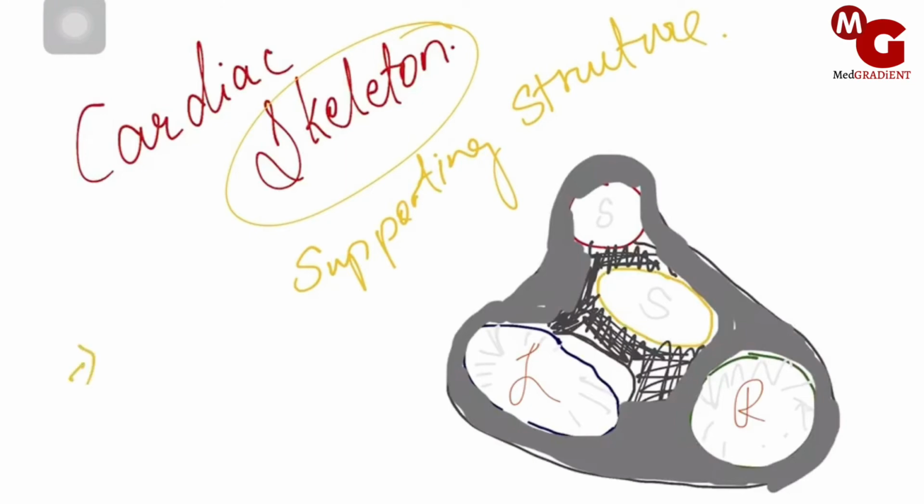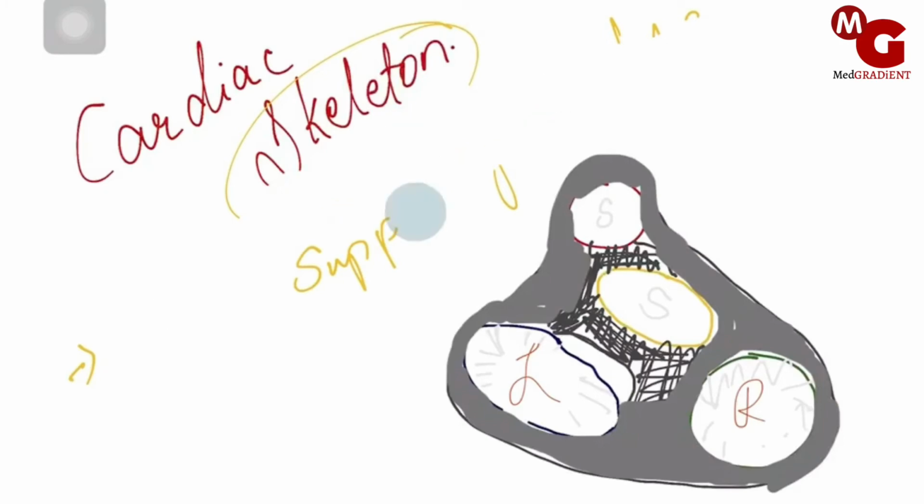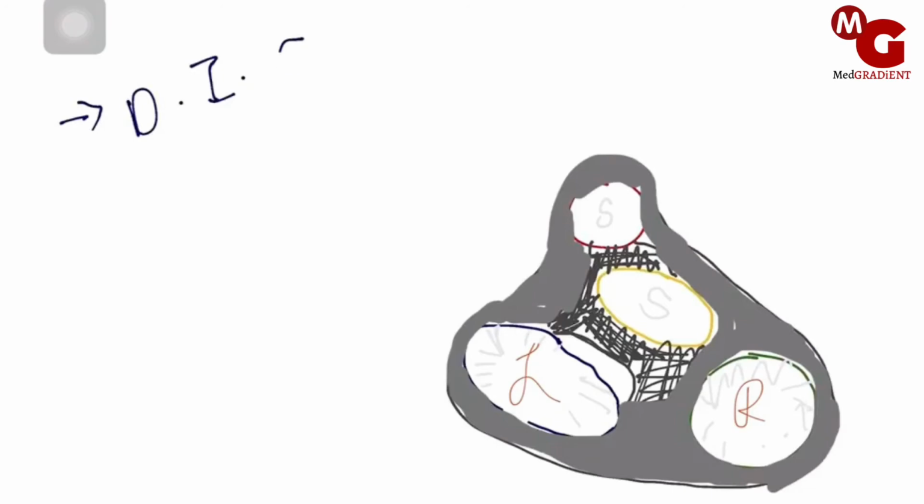Let me change the color for you. So we'll remember that we're speaking about the cardiac skeleton, right? So let's write it. We need to remember that there are fibrous rings of dense, irregular connective tissue, DICT, right?